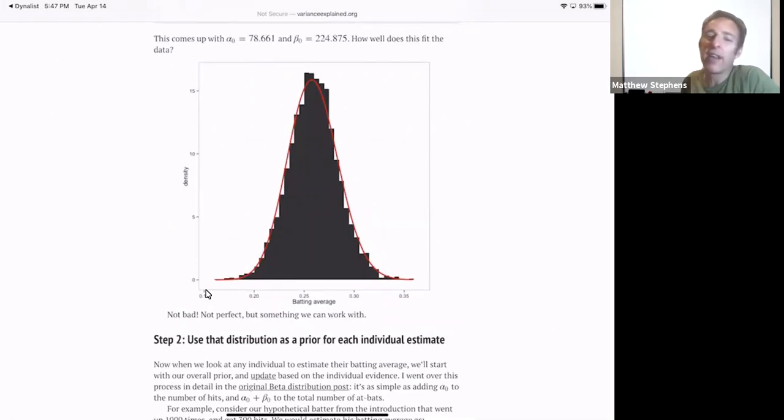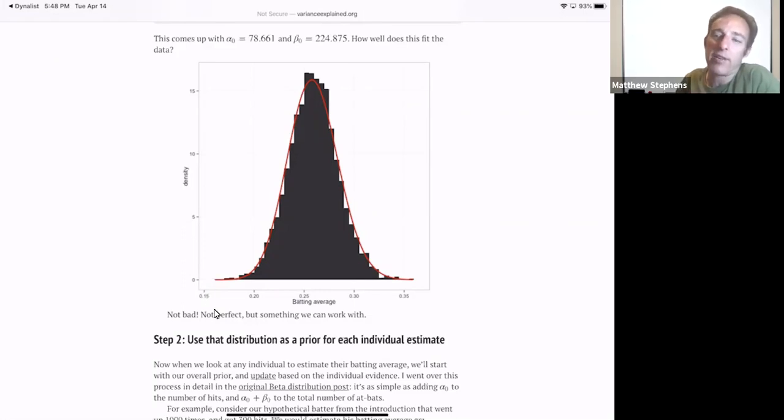He's basically just fit it to these data. We're going to come up with a slightly better way of doing that down the line. What he's done is good enough for now and gives you the intuition, but we'll talk about why it's not quite right later. For now, he's basically fit this red line to this histogram of individuals who have lots of data and come up with a prior that's roughly beta 78 and 224, or 79 and 225.